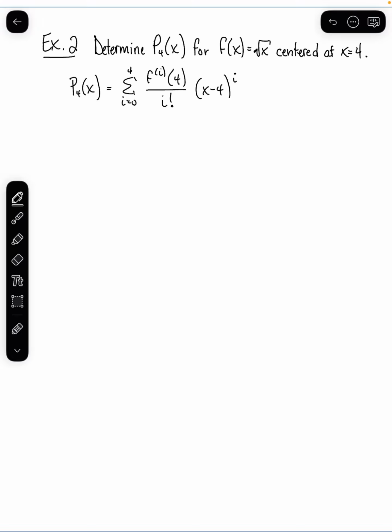So as before, what we are going to need is the original function, which, for the purposes of differentiation, we'll find more helpful to write as x to the 1/2. We're going to need its derivative, which is 1/2 x to the negative 1/2.